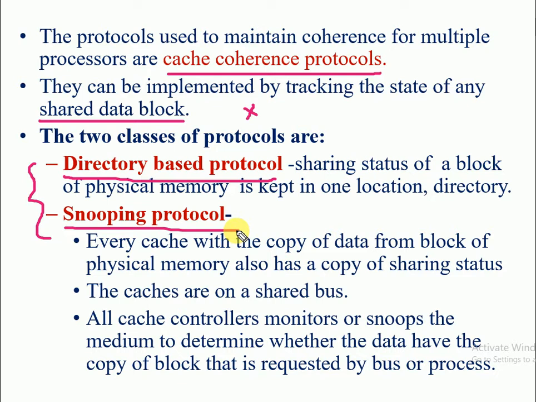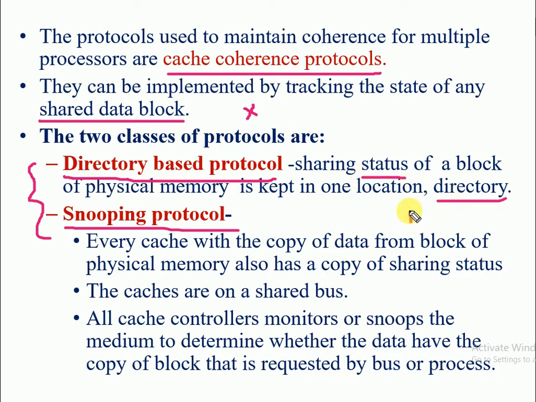In the first category, the directory based protocol, the sharing status of a block of physical memory is kept in one location, called the directory. The directory based protocol follows the mechanism of maintaining a single directory where the status of the block of memory that is being shared is kept.